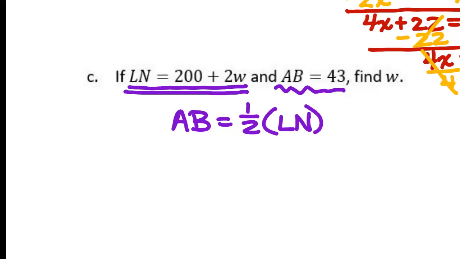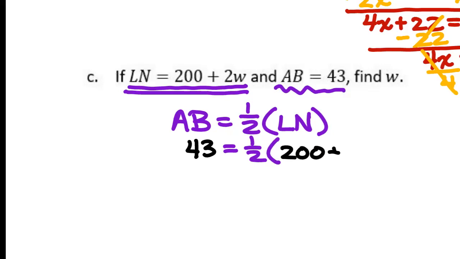The other property is that AB and LN are parallel. So AB is half of LN. How big is AB again? 43. So 43 equals 1/2 of, how big was LN? 200 plus 2w.